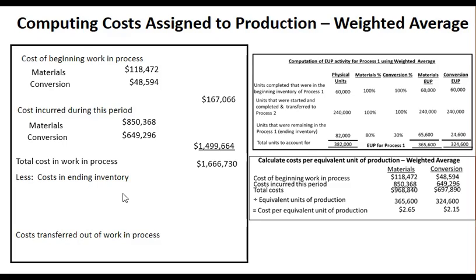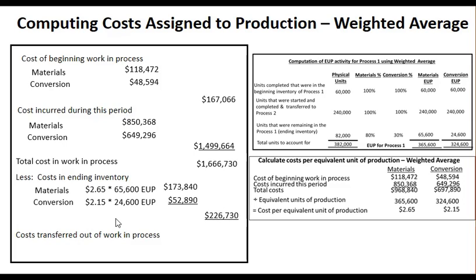In this case, it's going to be valued at my cost per equivalent unit of production and the amount of effort that I put into materials in ending inventory and conversion of ending inventory. Now in the case of my materials cost, it's $2.65 per EUP, and I put in 65,600 units of effort, which equal then $173,840.